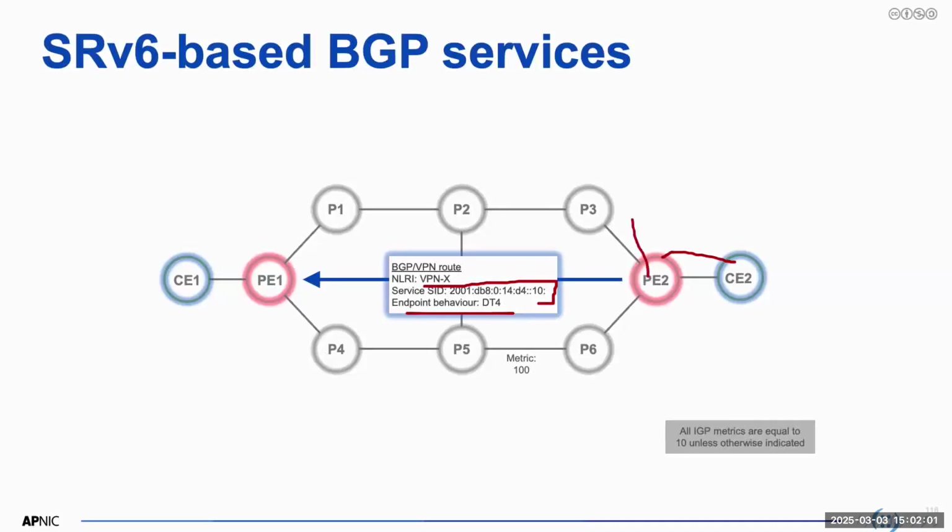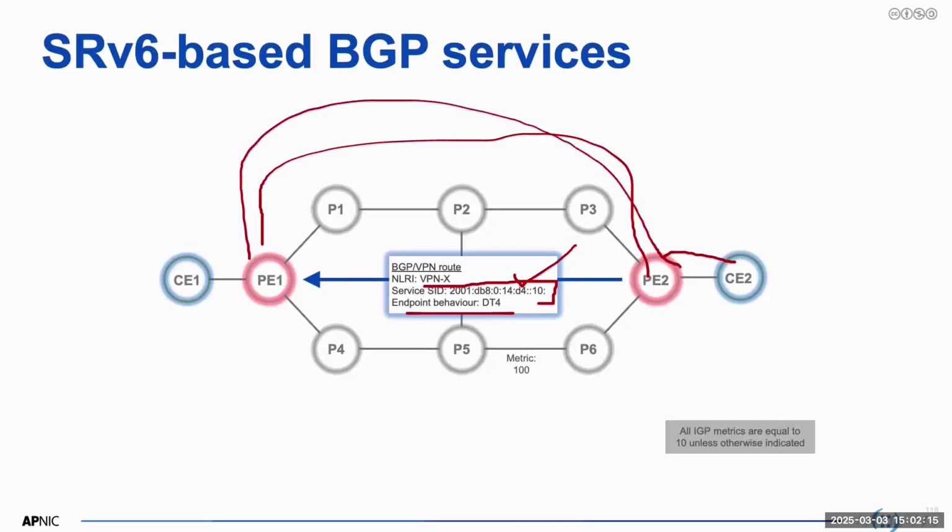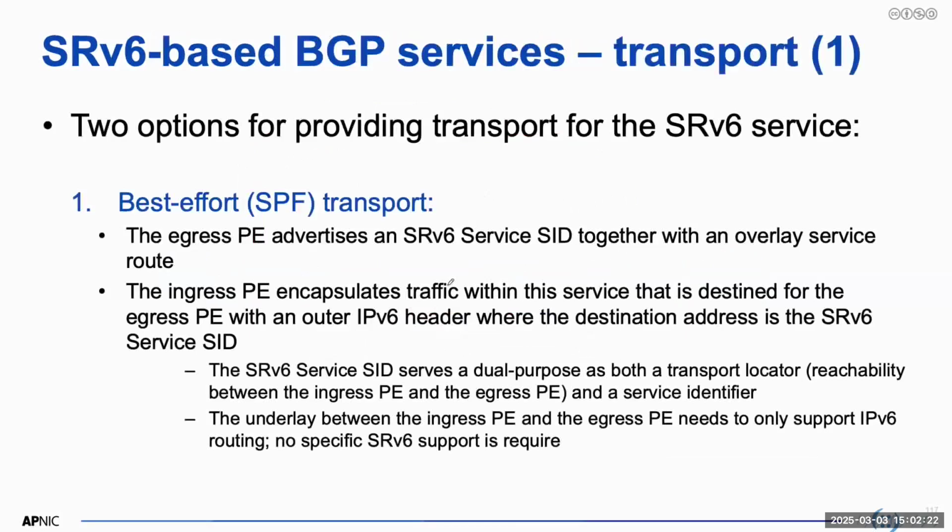It is saying that if you want to send any information towards CE1, use this IPv6 address and mention this endpoint behavior. So when PE1 needs to send information towards CE2, it will use this IPv6 address and send the traffic towards PE1.